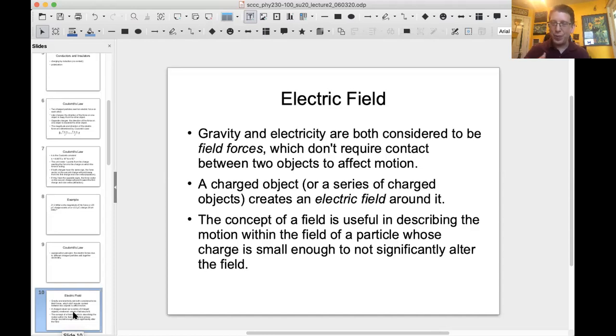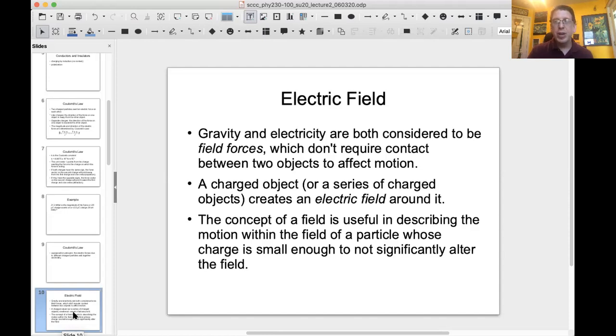Those are contact forces. Your hand is actually in contact with whatever object you're pushing, pulling, lifting, or throwing. Field forces don't require contact, but they can still affect the motion.